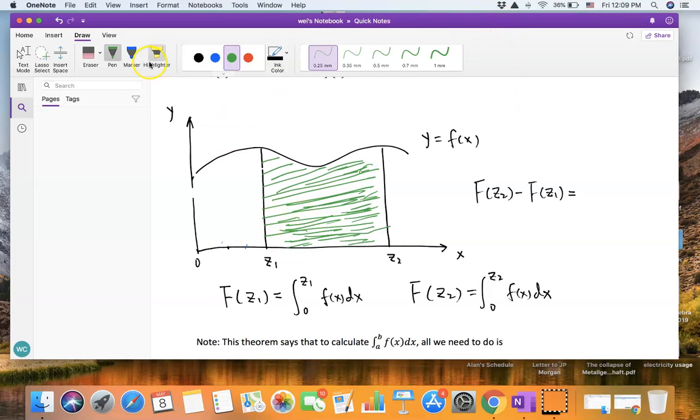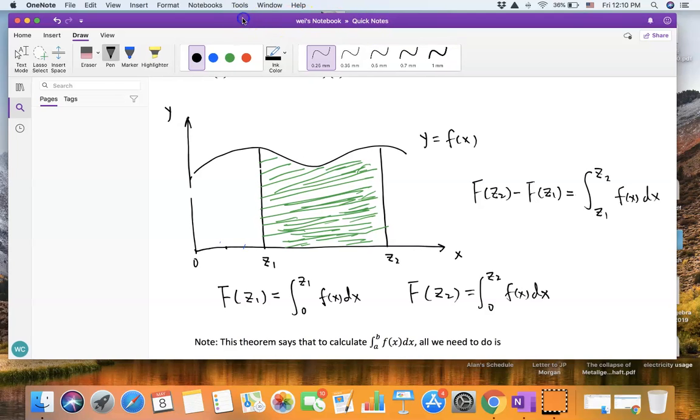Okay, and from the definition of a definite integral, the area of this region we can represent by using a definite integral from z1 to z2 of f(x) dx.